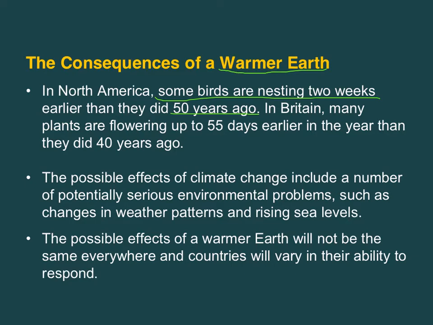We see those happening sooner in the year, which means it's getting warmer sooner than it used to, or it's just overall warmer, and so we hit those temperatures a little sooner. So we see these effects: birds nesting sooner, flowers blooming sooner.